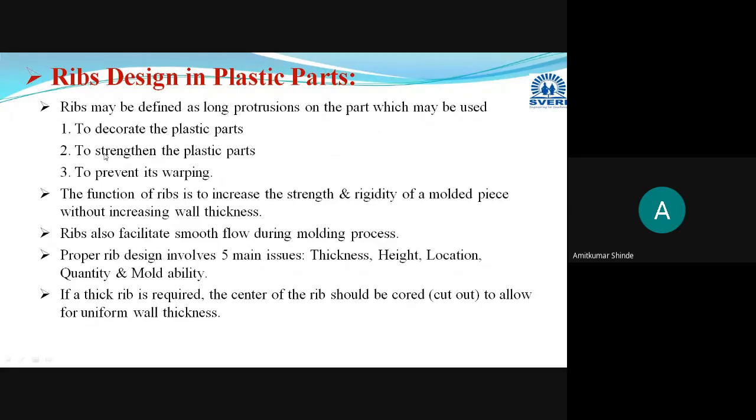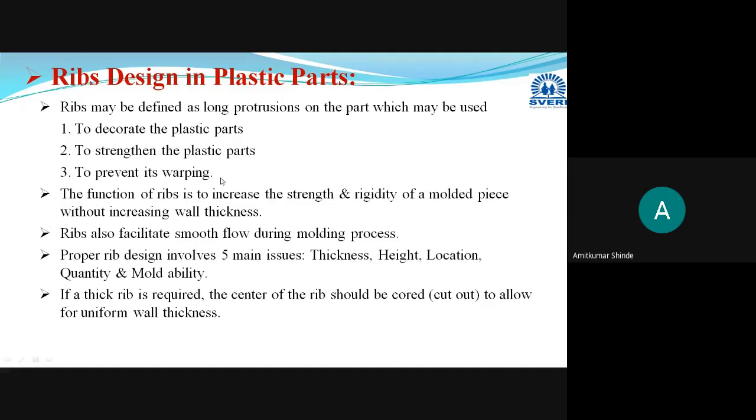A rib is provided for decoration, to give an attractive look to the plastic part, or to give extra strength to the plastic part, and it also prevents warping of the component.